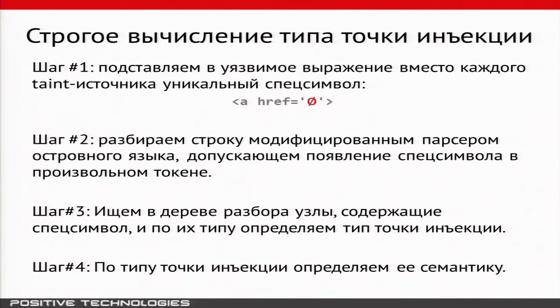Instead of a taint source, we use a unique symbol. Then we take a modified parser, a modified island-language parser, that allows the appearance of special symbols inside a random token as the second step.